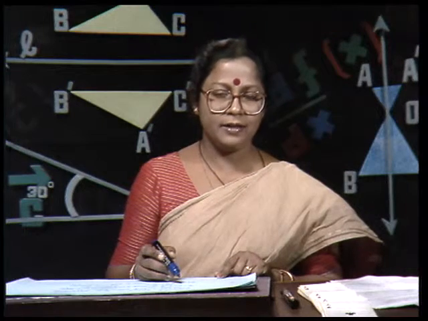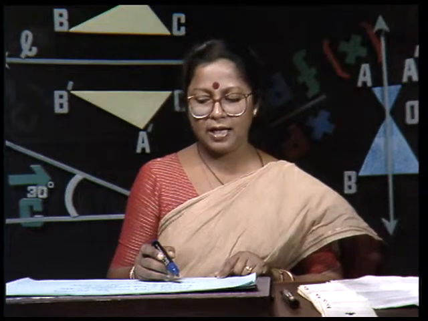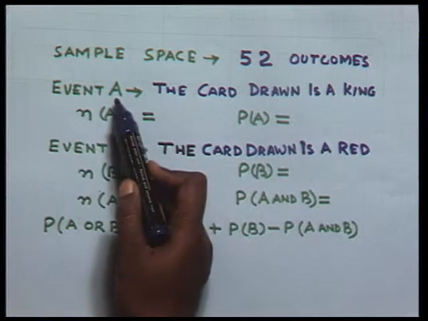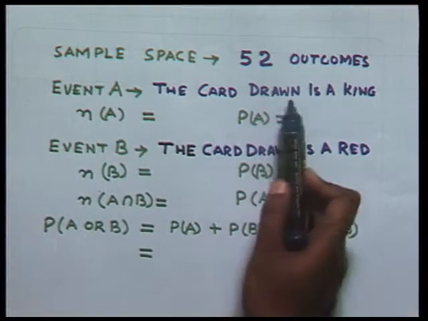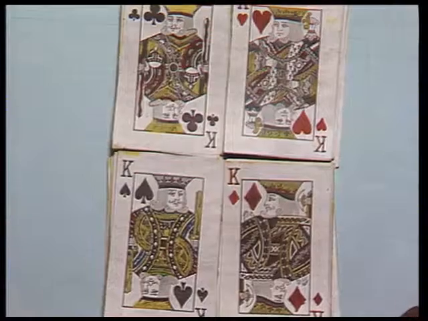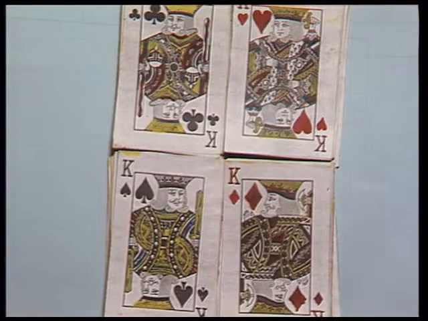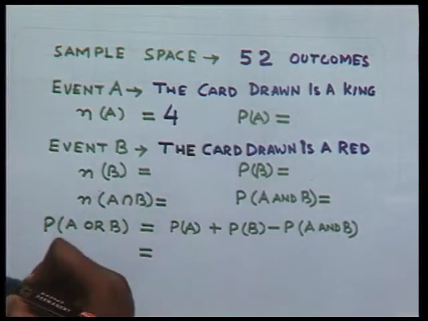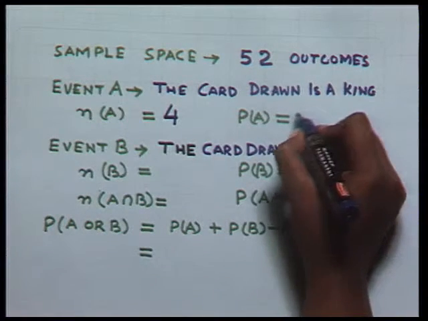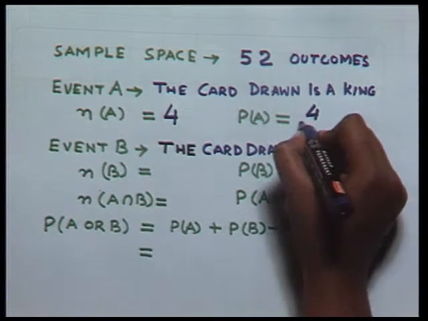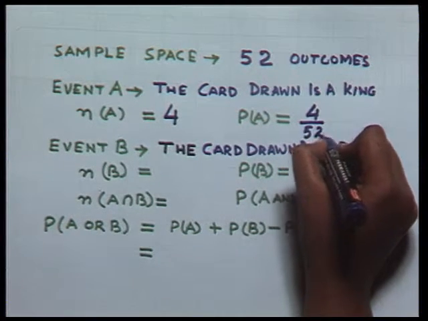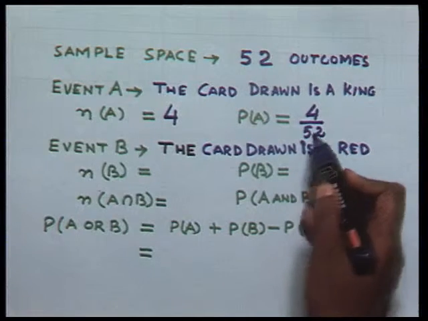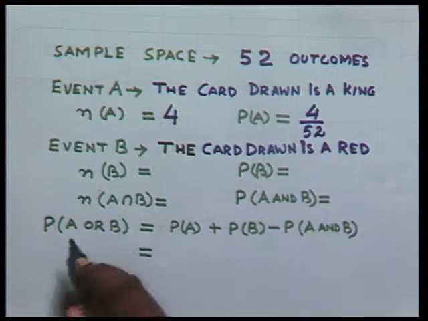Now, our first event is getting a red card or a king card. So, let us define event A as the card drawn is a king. Since there are only 4 kings in a pack of cards, the number of elements in the set A will be equal to 4, and therefore, probability of the event A is given by 4 upon 52, where 52 is the number of elements in the sample space and 4 is the number of favorable outcomes.